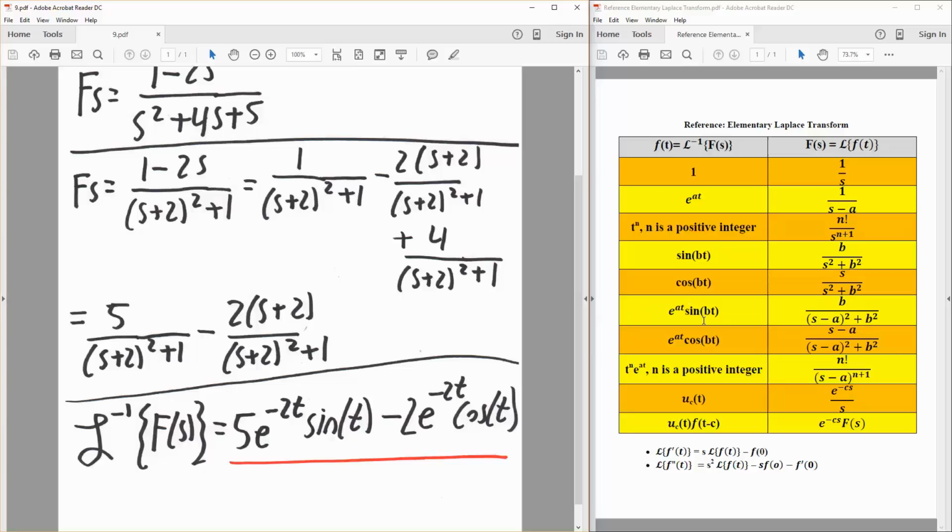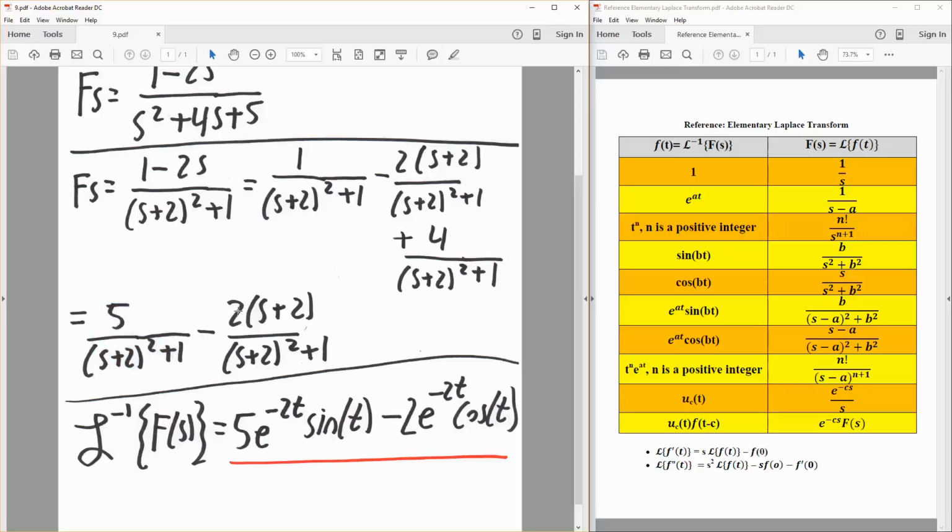And that's why we know that this part right here will correlate with this. And so this is going to be 5e^(-2t), 5 on the outside, e raised to negative 2t. Sine b we said was 1, so sine 1 times t, so it's sine t. And so this is this part.